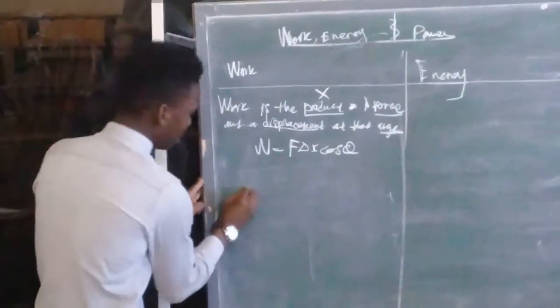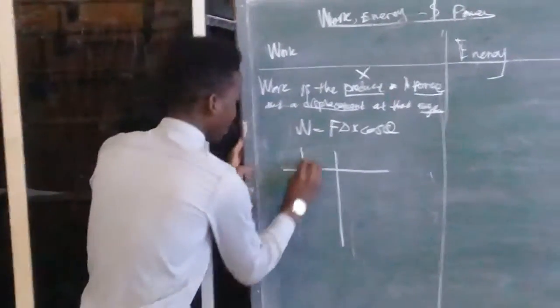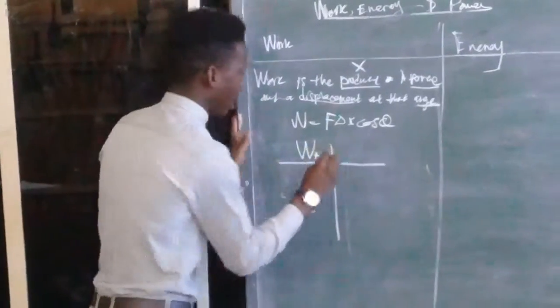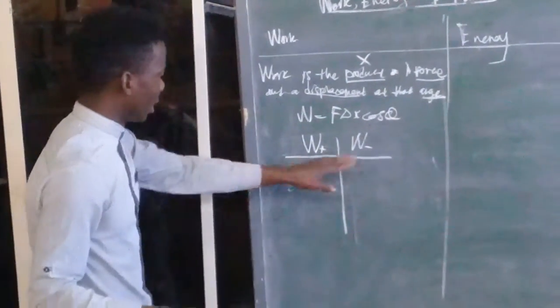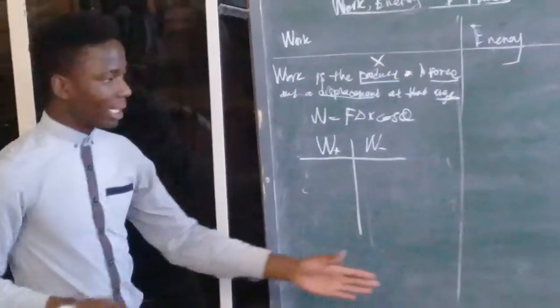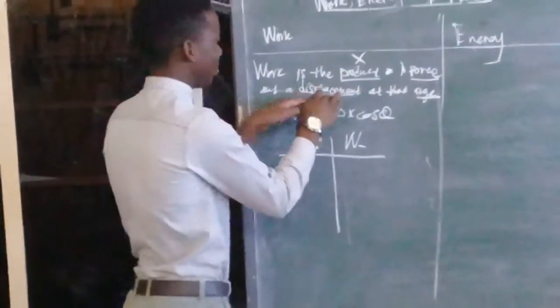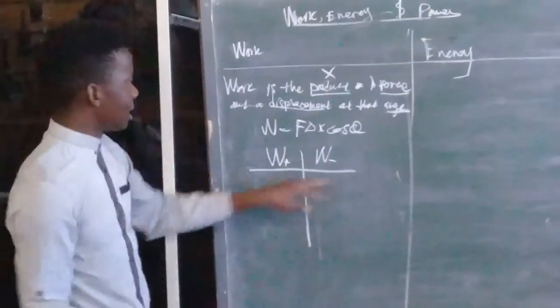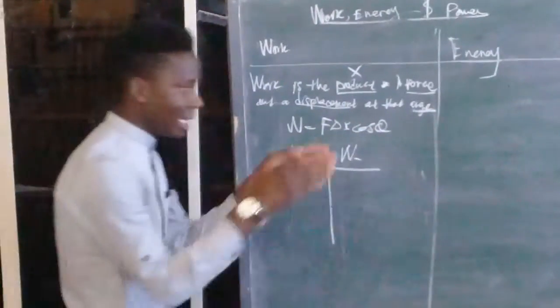And then there is a variety of work, where work can be positive and work can be negative. So I want us to just look at these things. Work is positive where a force and a displacement are traveling in the same direction.